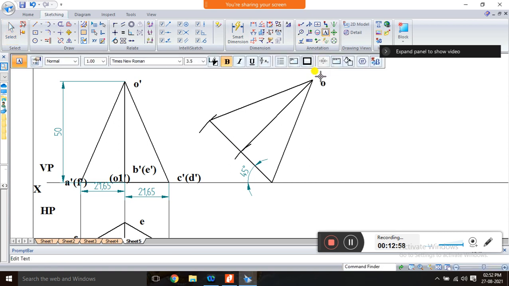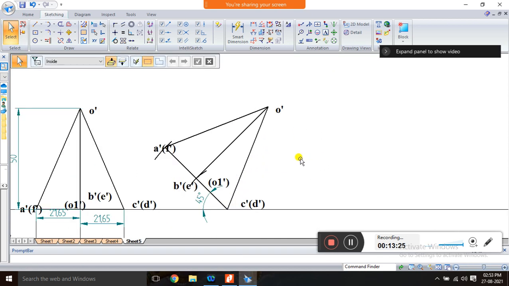This is O dash, and this is A dash in bracket F dash, and this is B dash in bracket E dash, and this one is C dash in bracket D dash. And here there is one more, O1 dash is also in bracket, because O1 dash and E dash are hidden in B dash.